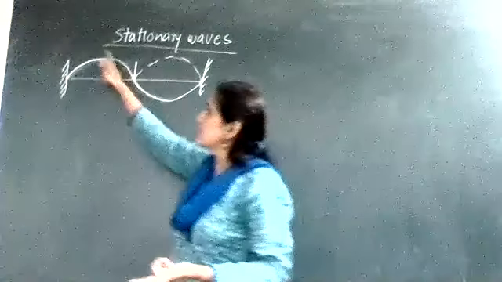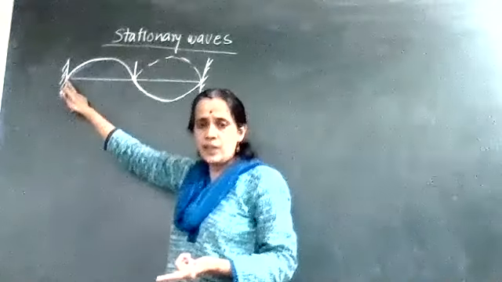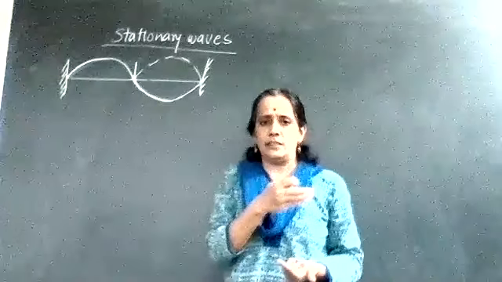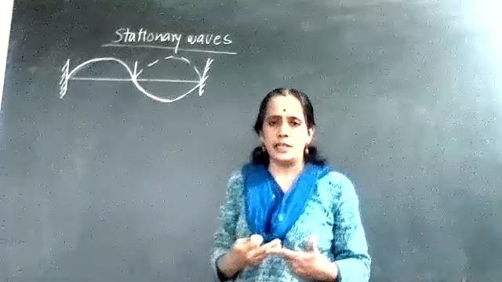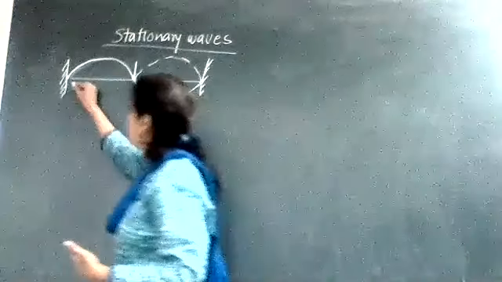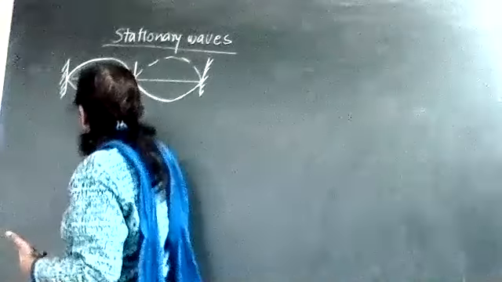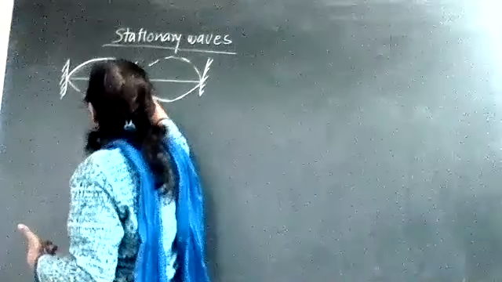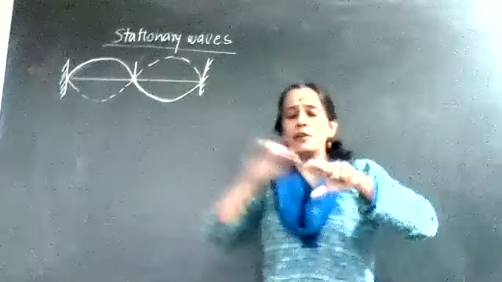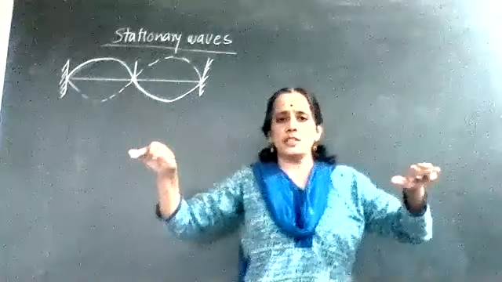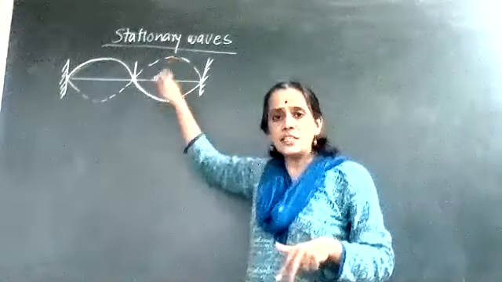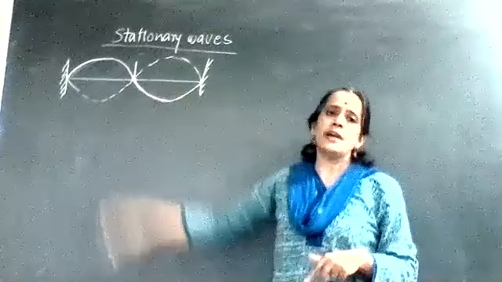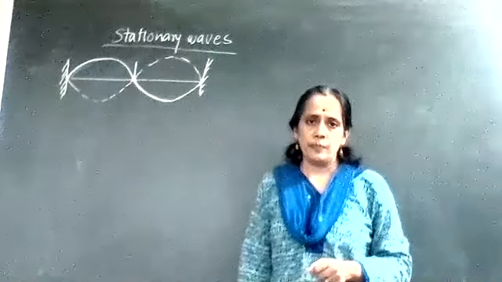So that crest will get reflected from the rigid wall with a change of phase of 180 degrees. Therefore, the crest will get reflected as a trough. And here I am getting the form of the wave along the length of the string, which is nothing but in the form of loops. And such a wave is called a stationary wave.